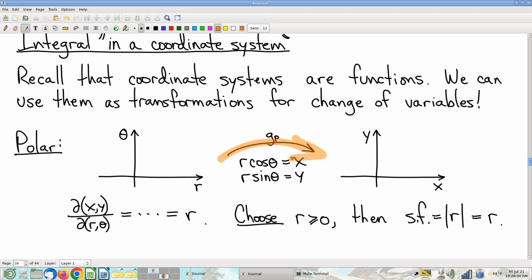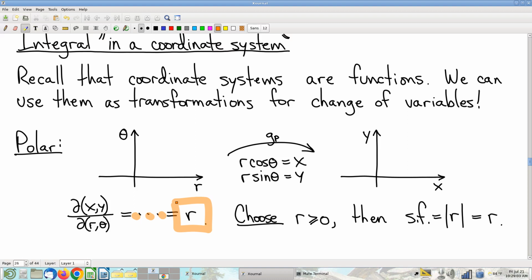Okay, so you've got a change of variables function. Remember, the very first thing we do when we have a change of variables function is compute the Jacobian determinant, whose absolute value is our stretching factor. You're going to take your formulas, take the appropriate partials, assemble them as a matrix, AD minus BC, and all that to compute the determinant, and when you simplify, it turns out r simplifies really nicely.